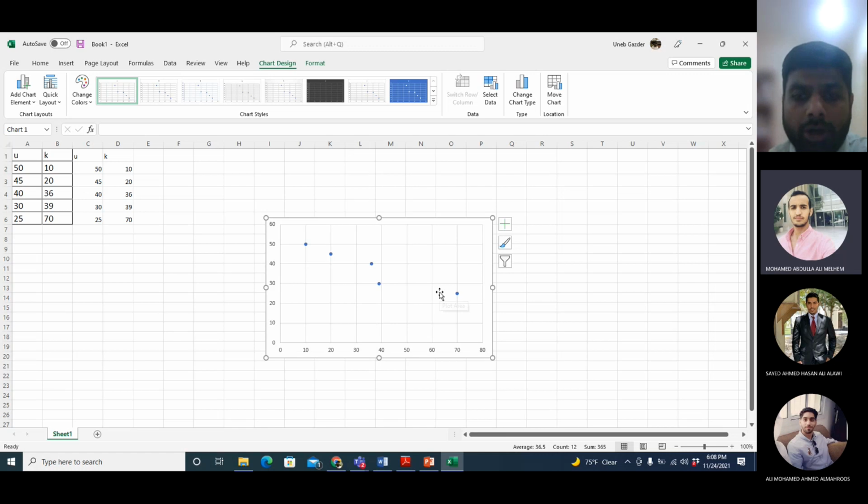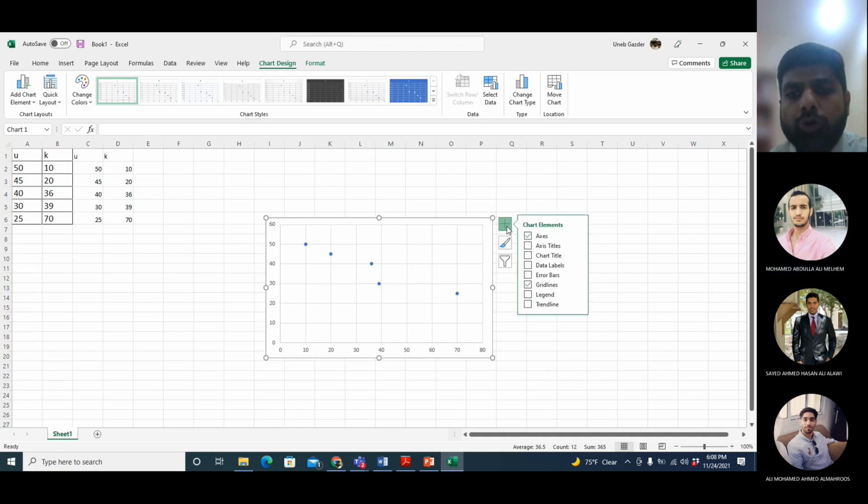Okay, now I will not show you many different things. I'm just interested in showing you how to get the best fit, the linear equation for these two variables. So you click on the plus sign, then it will show you the option for trend line. When you select this option, it will show you the best fit line.